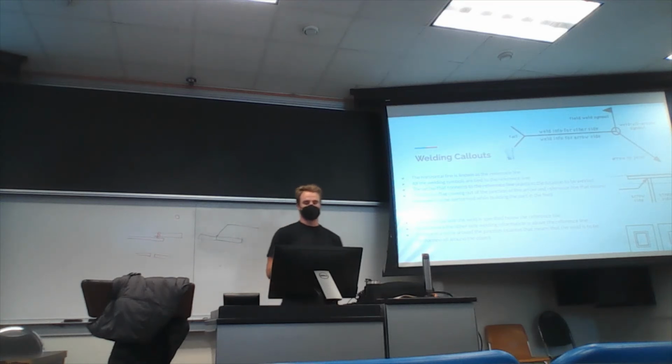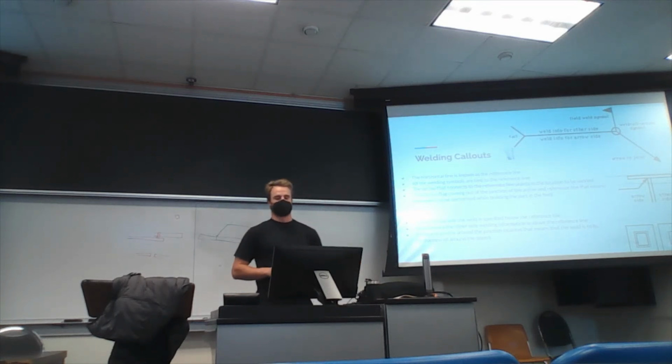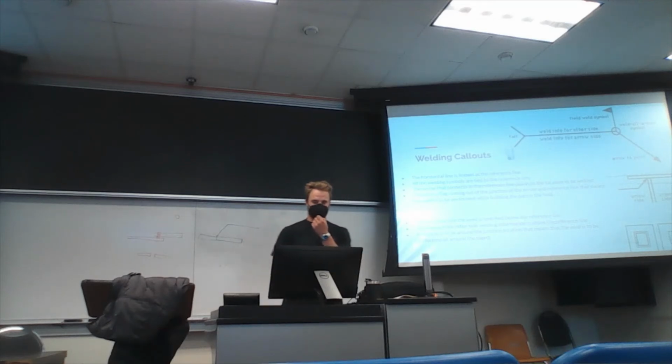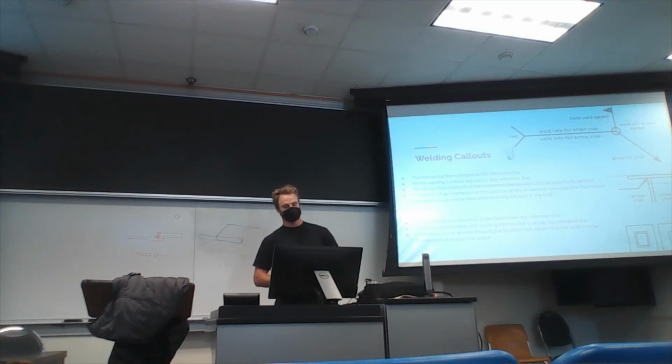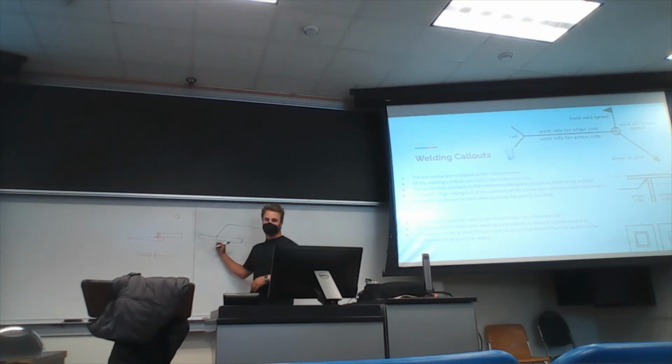That horizontal line is known as the reference line. The reason why I'm telling you guys that is because a lot of things reference the reference line. Pretty much all symbols are tied to it, all meaningful ones. The arrow that connects it is simply just pointing to where the weld location is.